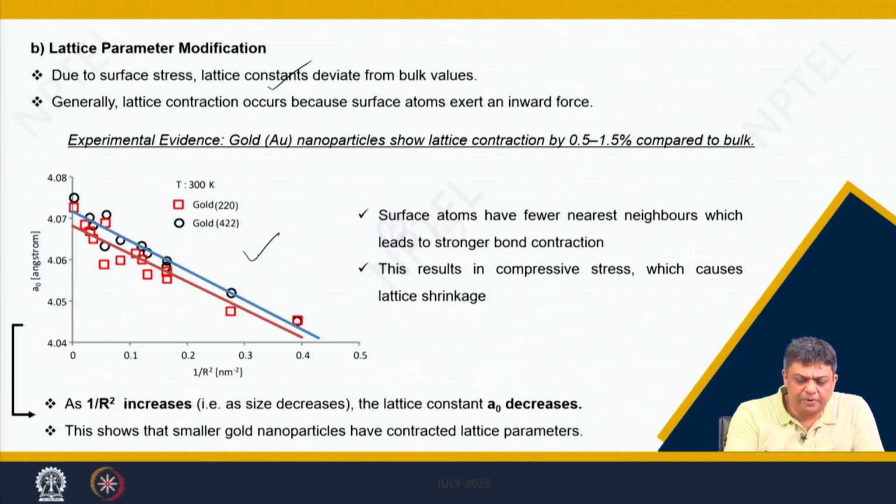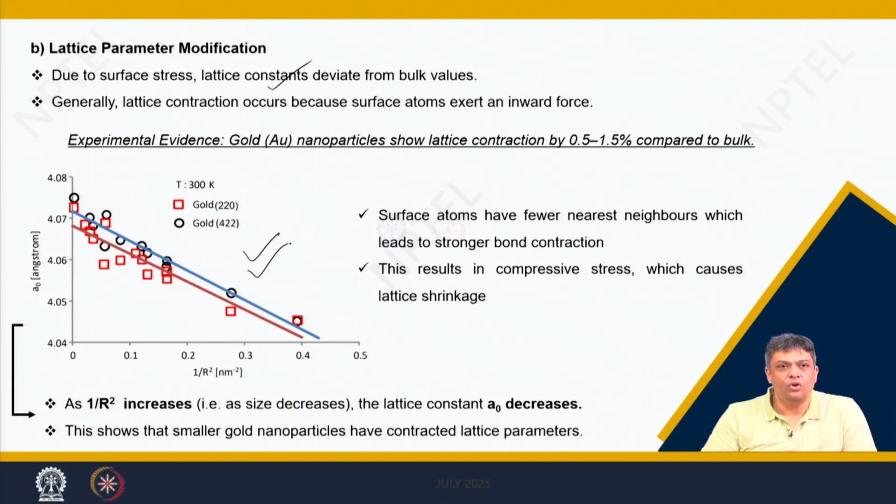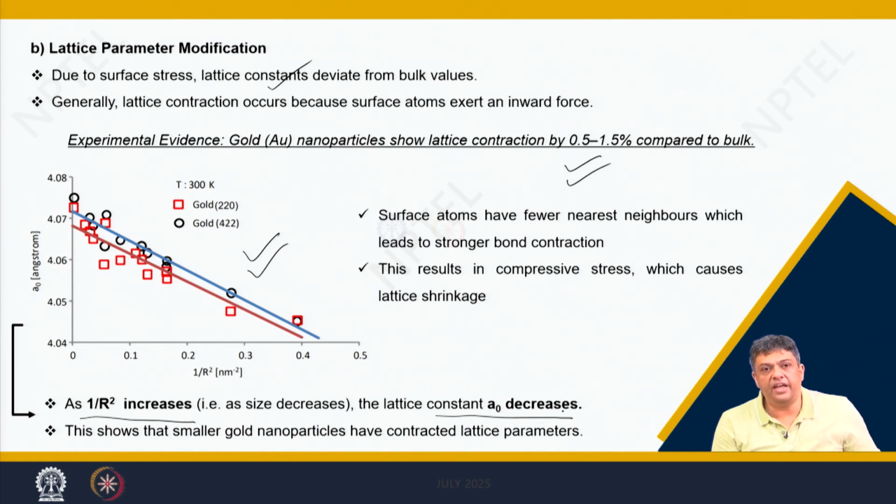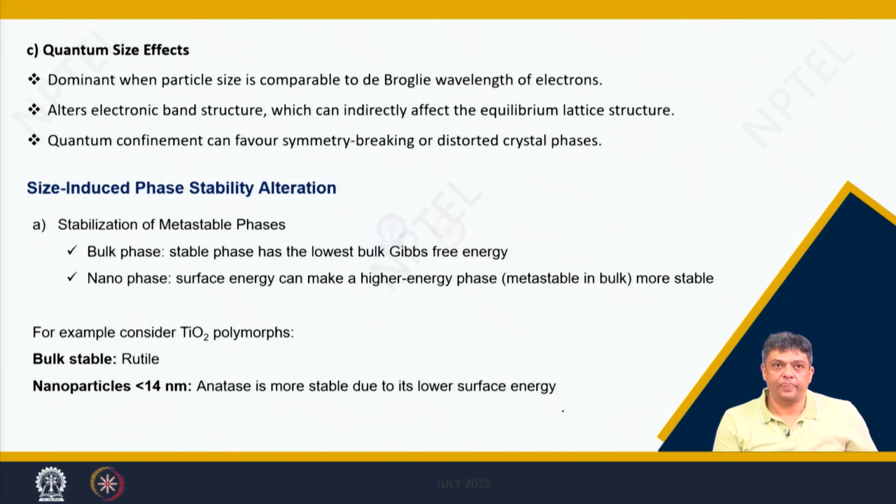This is typically an example for gold. You can see a contraction in the range of 0.5 to 2% in comparison to bulk. So, as 1 by r square increases, that is as size decreases, the lattice constant A0 decreases.